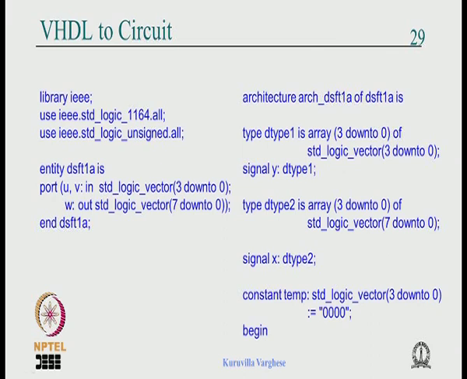Okay. So we have declared 2 signals: y, which is y3, y2, y1, y0, each of which is 4 bit, and x3, x2, x1, x0, each of which is 8 bit. And we are declaring a constant called temp, which is a 4 bit vector initialized to 0. That means this is nothing but 4 zeros. Okay. That is what is declared here.